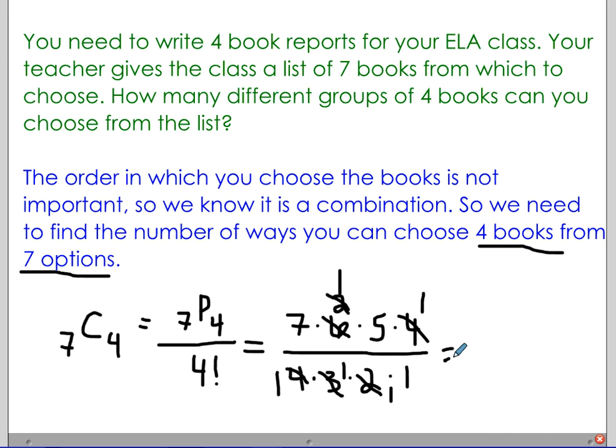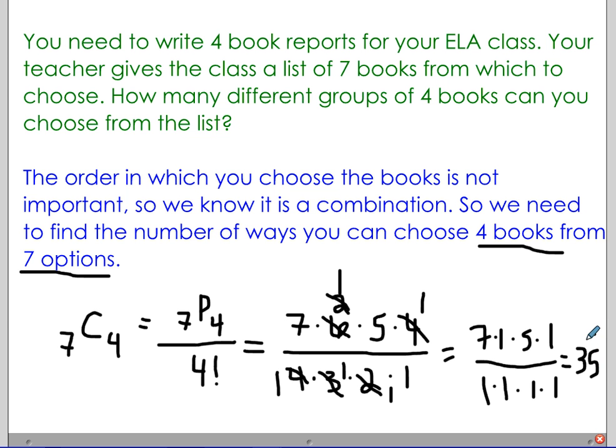So if I were to clean this up, I'm actually left with 7 times 1 times 5 times 1 over 1 times 1 times 1 times 1. In this case, that's much easier to solve, and that would equal 35.